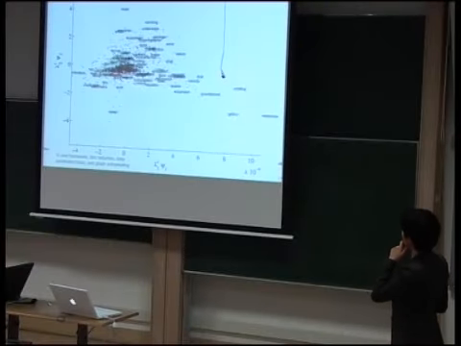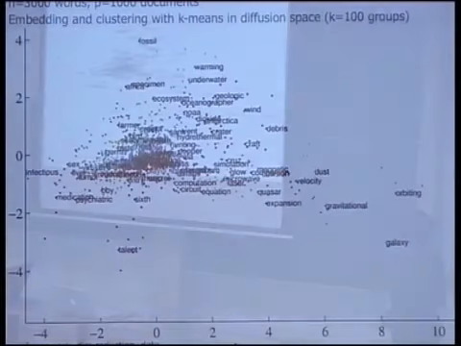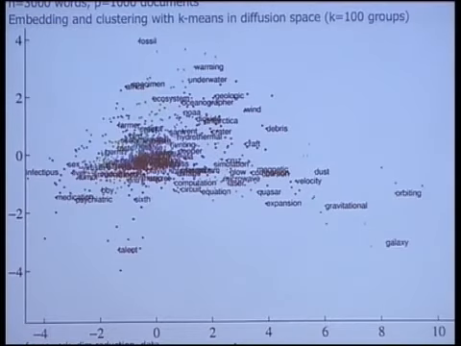In this case, I've described the words in terms of their occurrence in different documents. Then I embedded the data using diffusion maps and applied k-means in the diffusion space. The embedding here shows you the organization of the cluster centers. So they're roughly organized according to content.